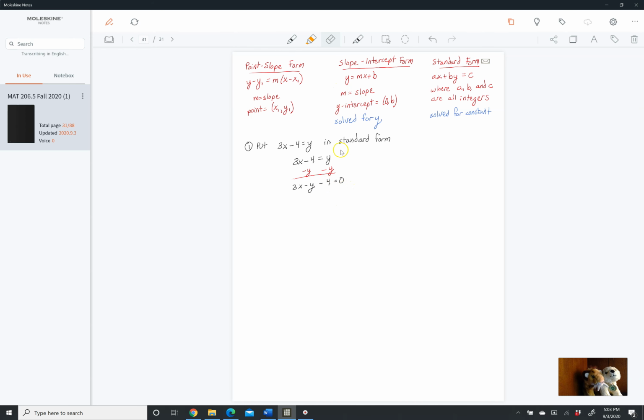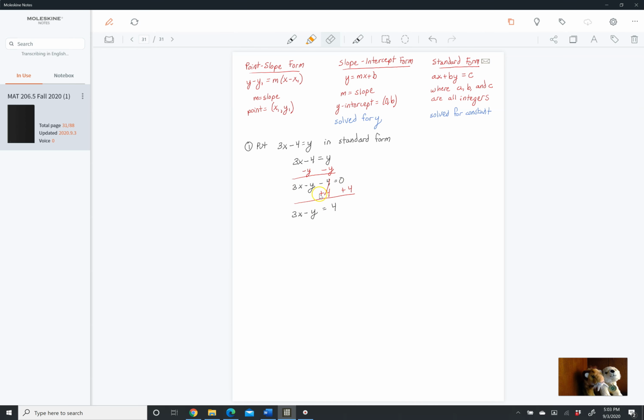Now we need to get the 4 over to the other side. So we're going to add 4 to both sides. That's going to get it out of the left and into the right. So now we have 3x minus y is equal to 4. And that's in standard form.